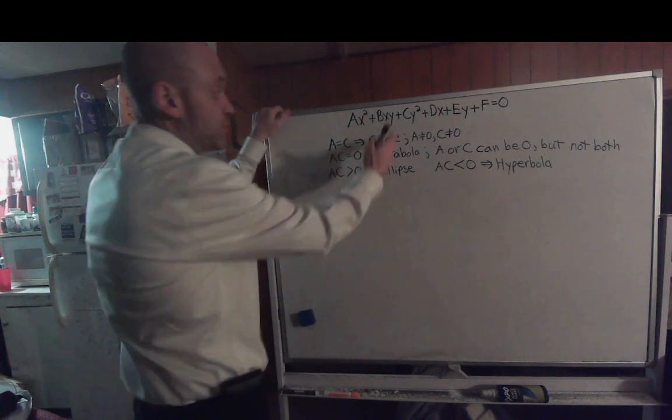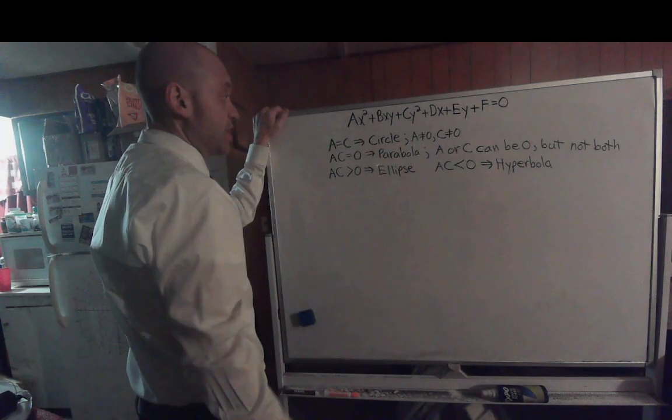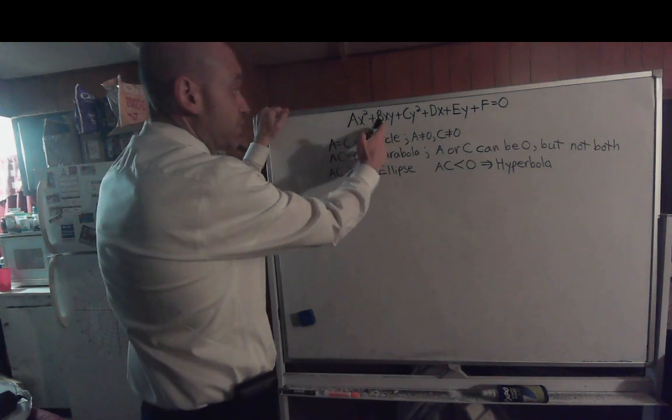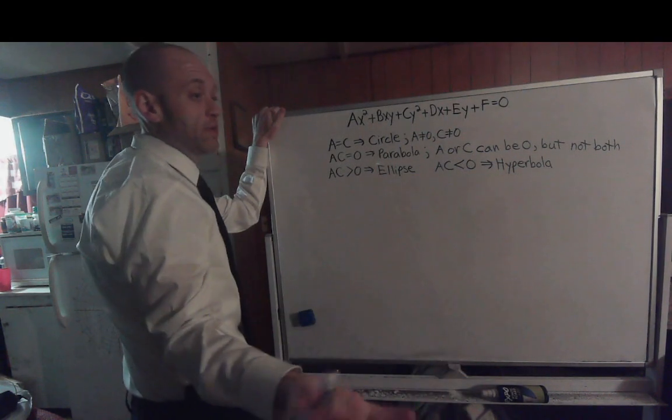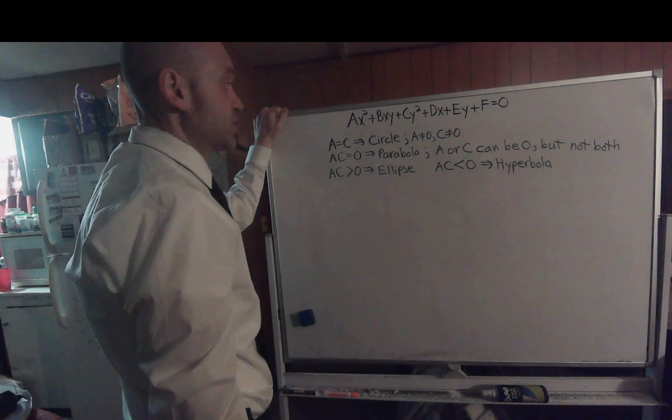If they were both 0, you'd just have a rational function or a linear function, so you wouldn't have a normal conic section at that point.